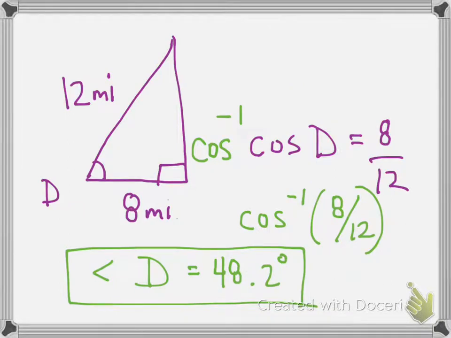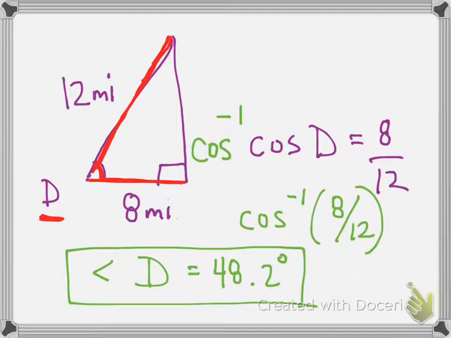Here's another problem. This problem, finding angle D. Well, if I'm talking about angle D, this side is called adjacent, and this side, 12, is called the hypotenuse.